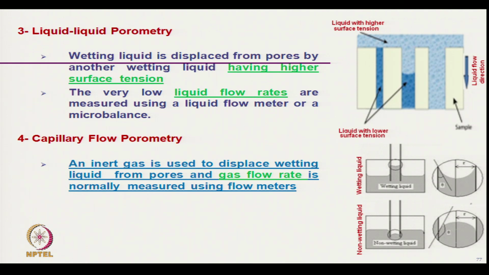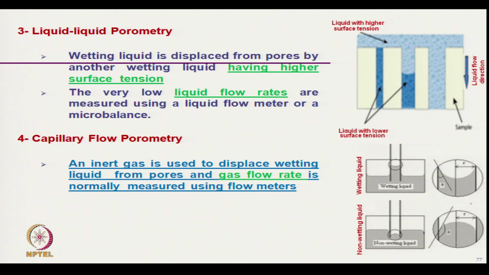When we allow this liquid to pass at higher pressure, it will push out the other liquid with lower surface tension, and accordingly we measure the pore dimension based on the liquid flow velocity. A flow meter or microbalances are used.